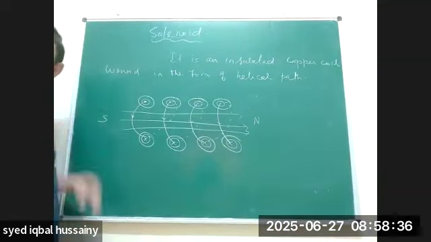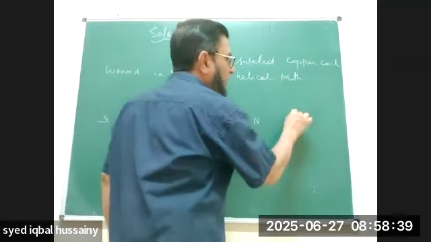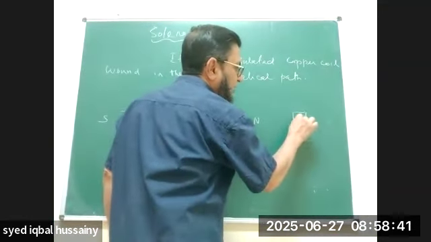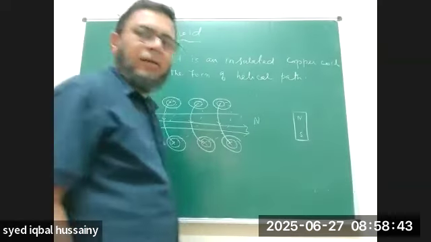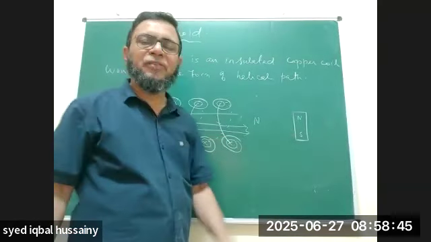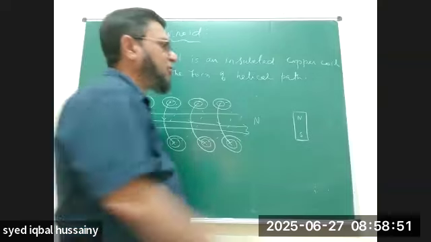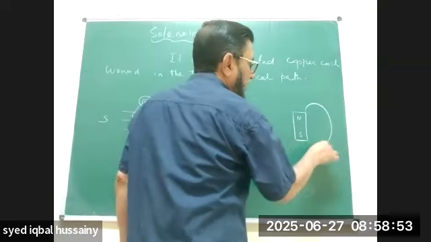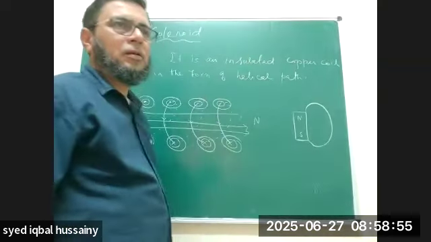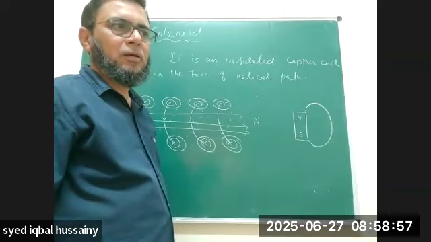How does the magnetic field line go? Can anyone tell me? If I consider this as a north pole and this as a south pole, can you say, online children, how I have to draw the magnetic field line? From north to south. Very good. Sorry, that is wrong.